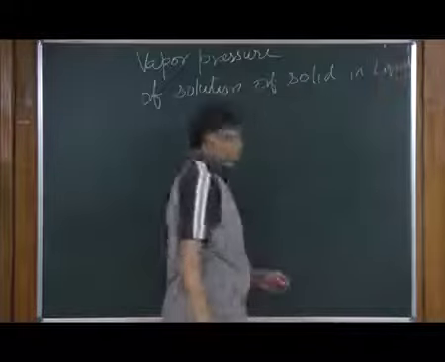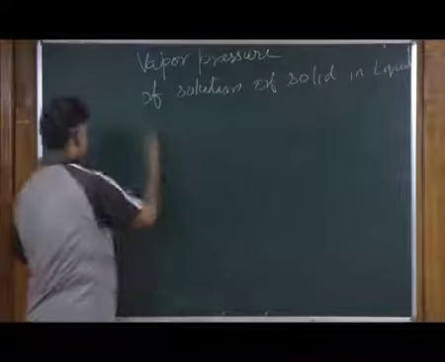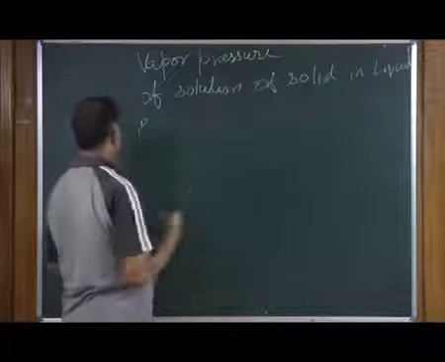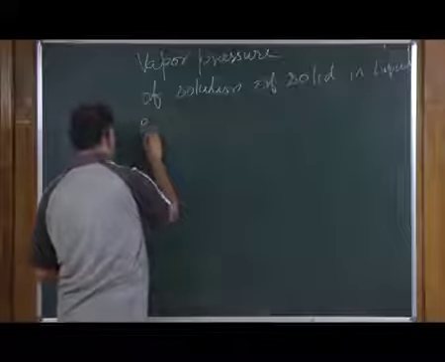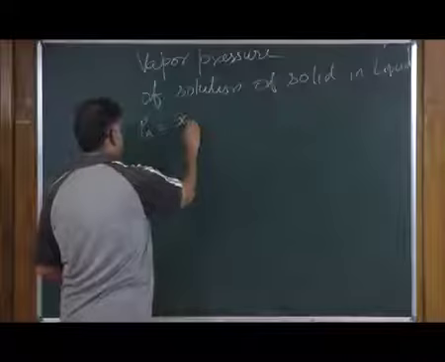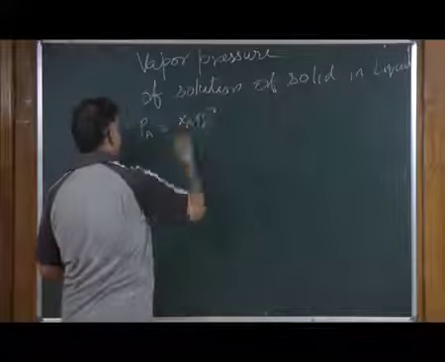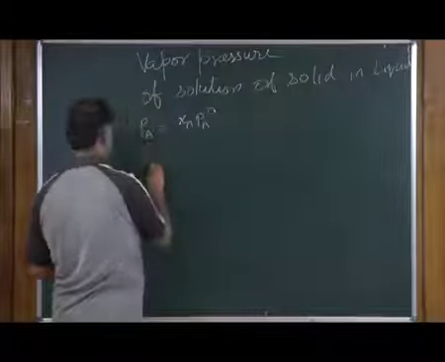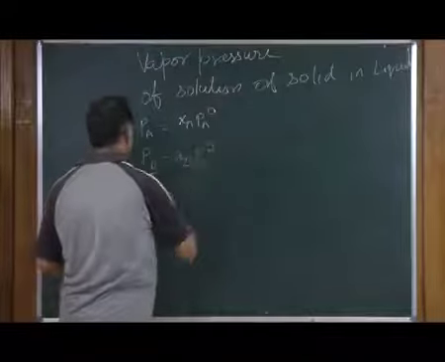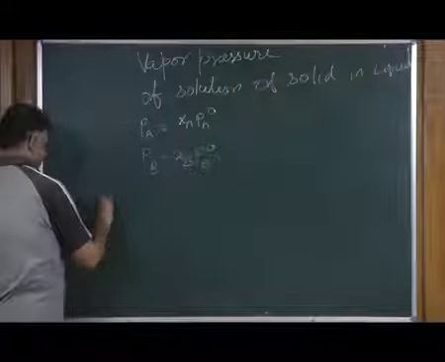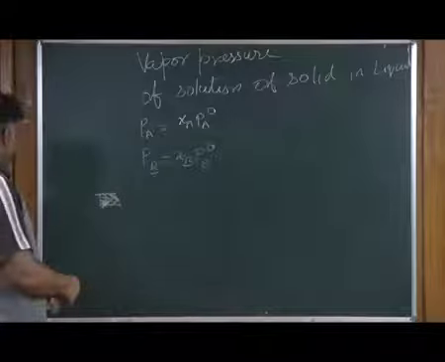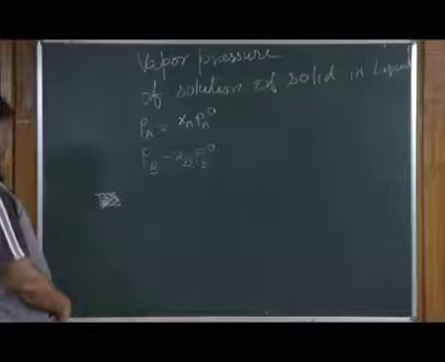Okay, let us examine Raoult's law one more time. What does it say? It says P A, the partial pressure of one component, let us say component A, is equal to X A P A 0, and the same thing, P B is equal to X B P B 0. So, if I have a solid, what is the vapor pressure of it?